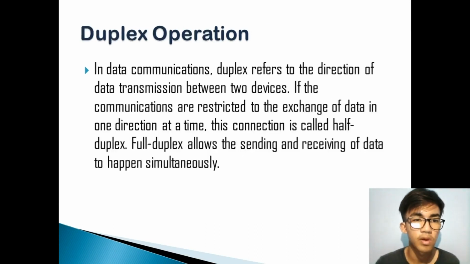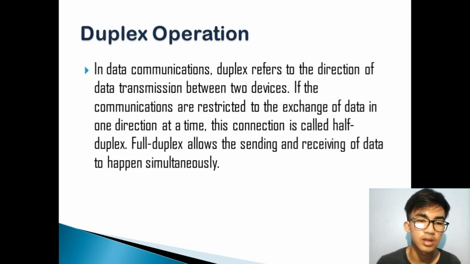Duplex operation. In data communication, duplex refers to the direction of data transmission between two devices. Half duplex communication is restricted to the exchange of data in one direction at a time. Full duplex allows the sending and receiving of data to happen simultaneously.